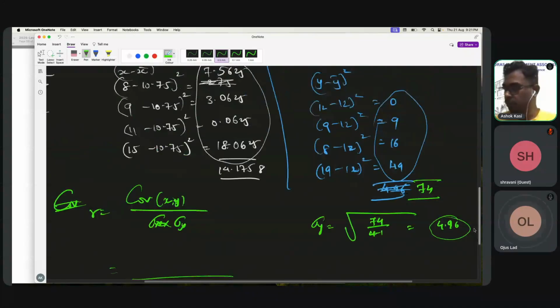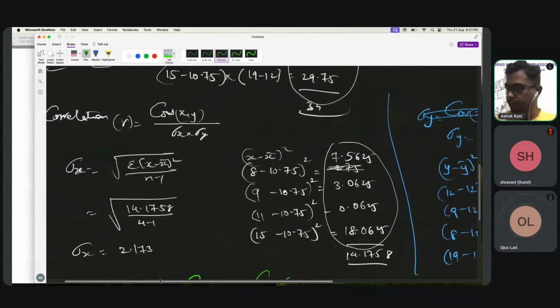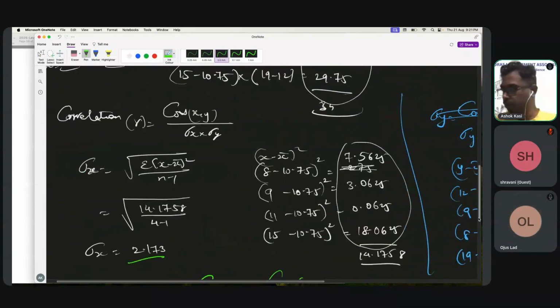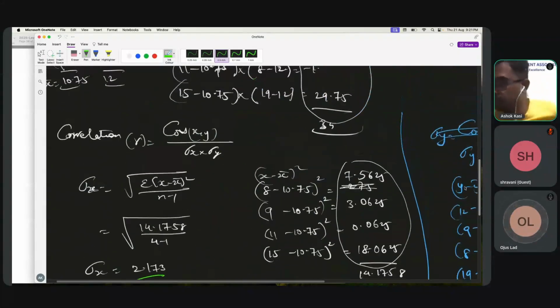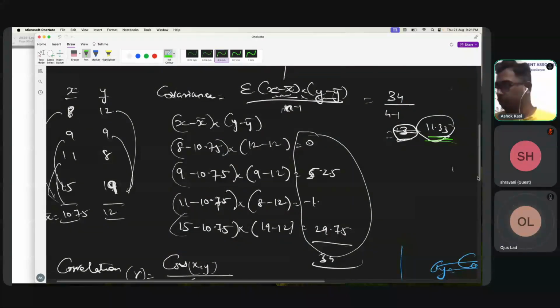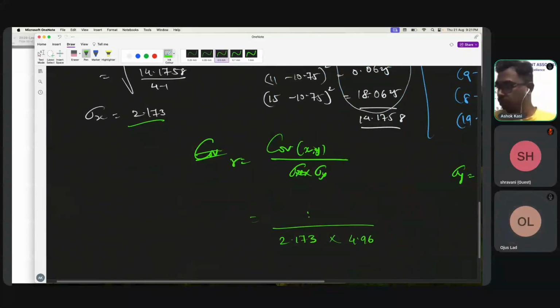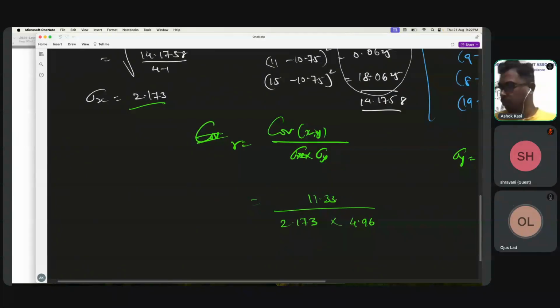Standard deviation of x is 2.173. Covariance of x comma y is 11.33. Calculate it.